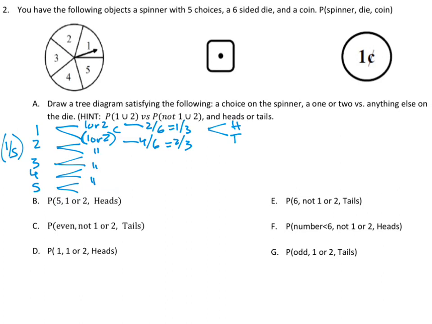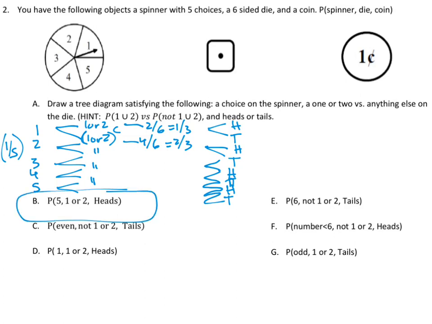And so each of these is going to have the heads or tails option, and this is a huge mess of heads and tails. I'm sorry, I really should have made it so I had enough room to actually draw it all out. But you kind of get the idea of what's going on there.